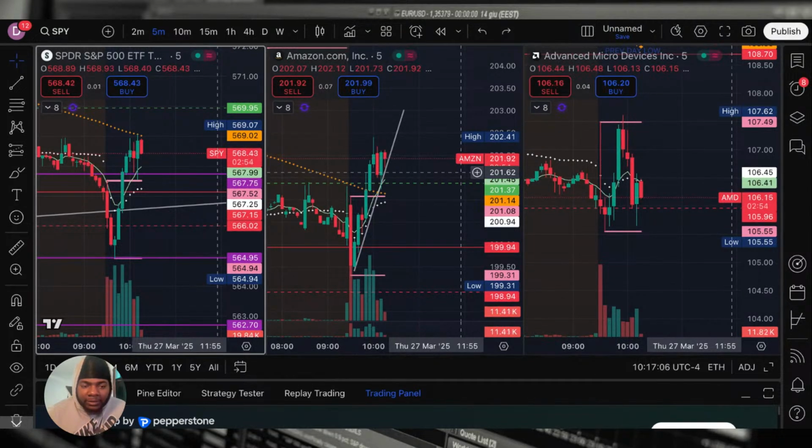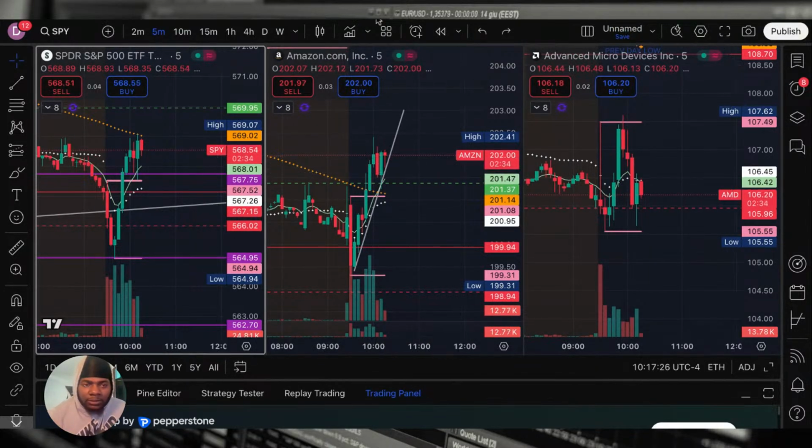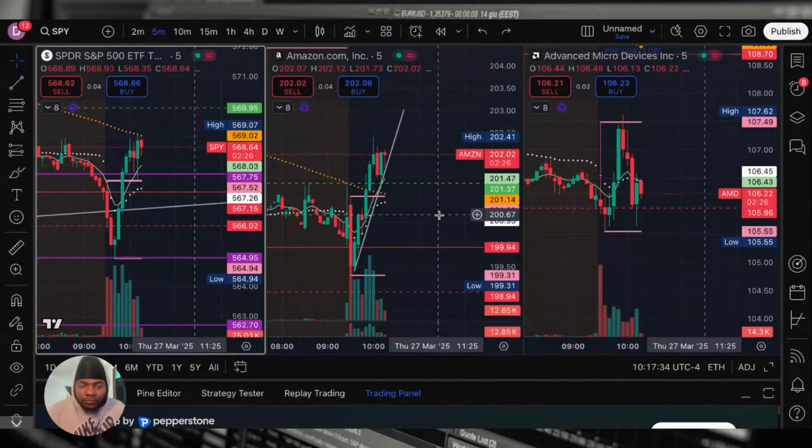SPY still pulling back though. We'll let it pull back. Still watching. All right.